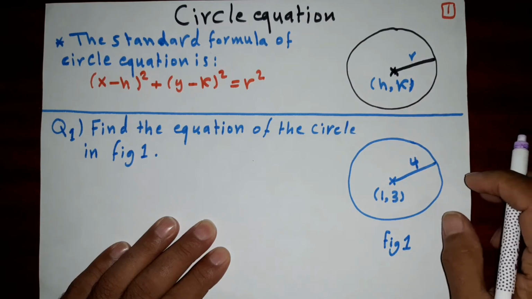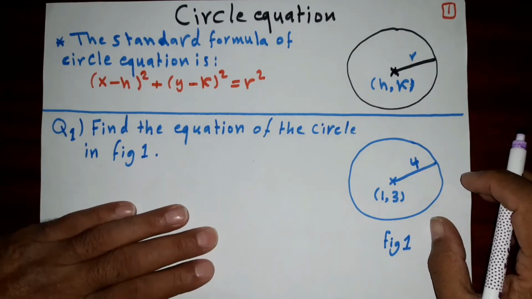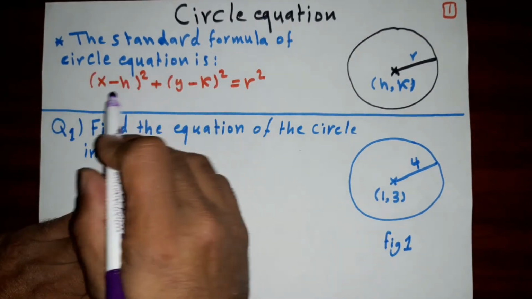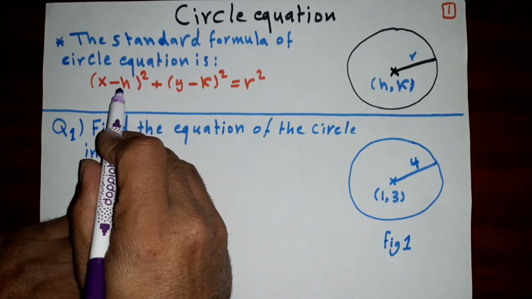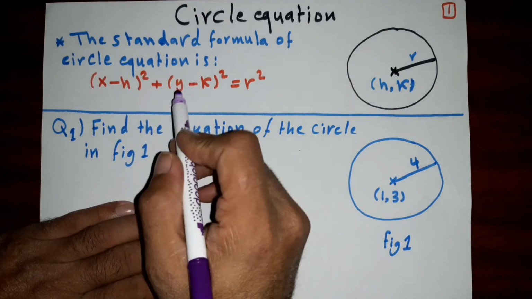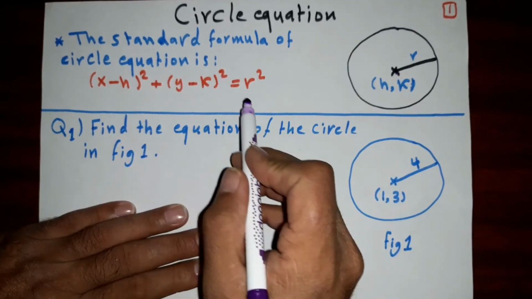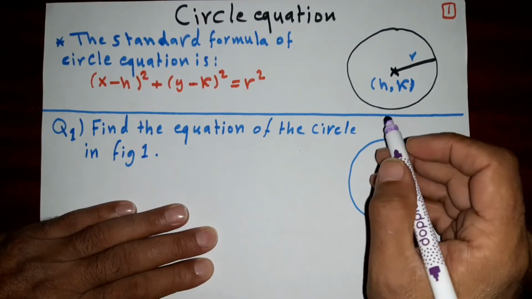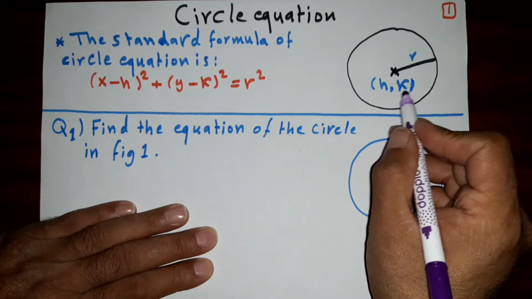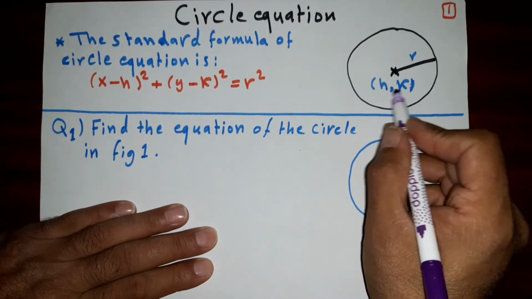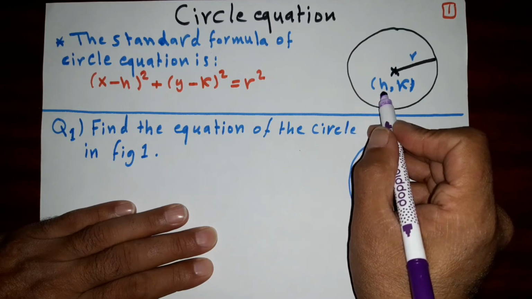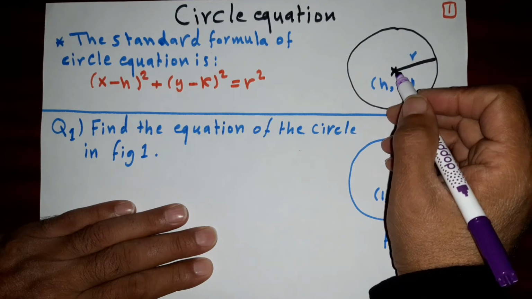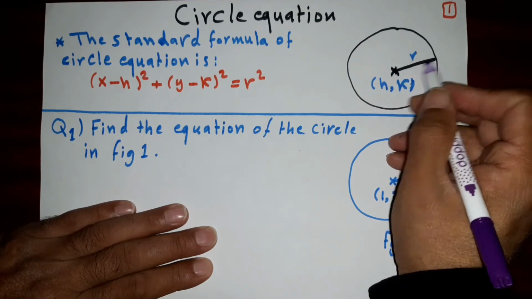The standard formula of the circle equation is x minus h all squared plus y minus k all squared equal r squared, where h and k are the coordinates of the center of the circle. H is the x coordinate and k is the y coordinate, and r is the length of the radius.